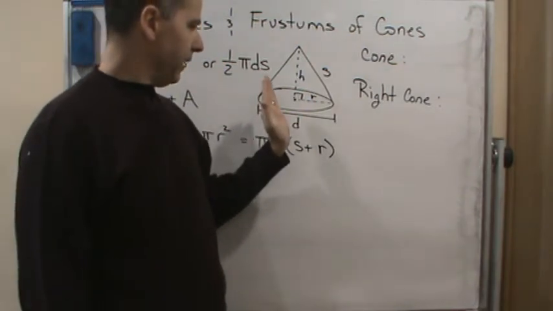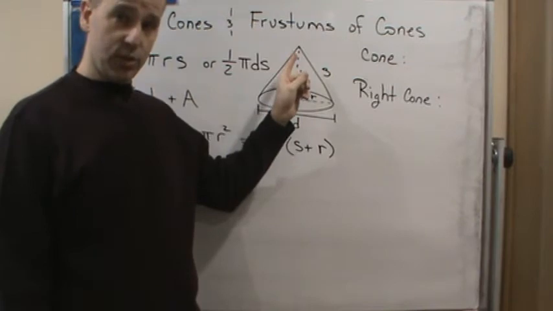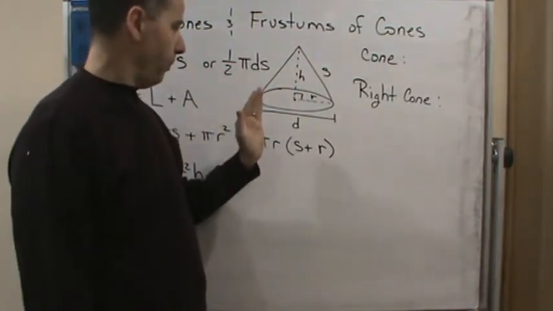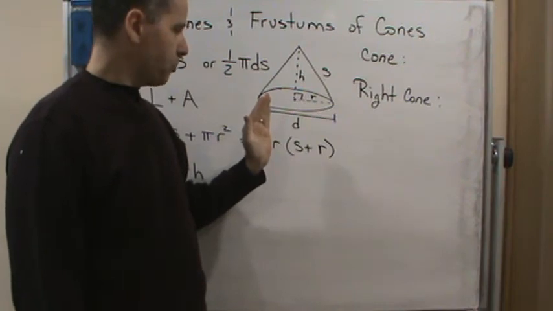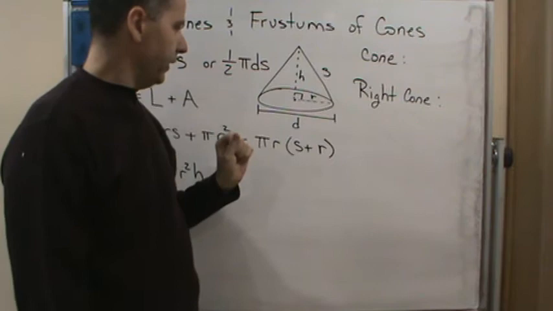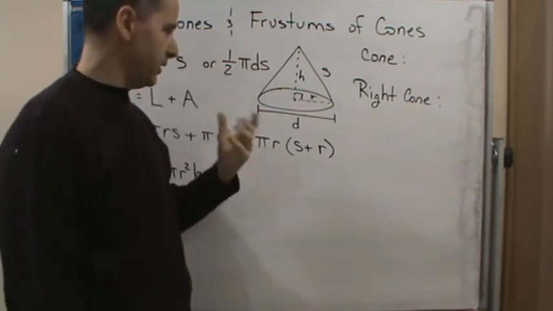If you have one that's tipped over, you're always looking at the altitude as the height of the cone, but it's not always going to be over the center. But we're only going to be dealing with right cones in this video series.